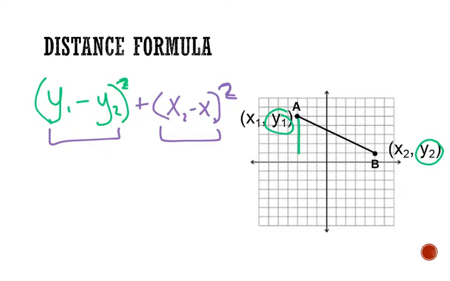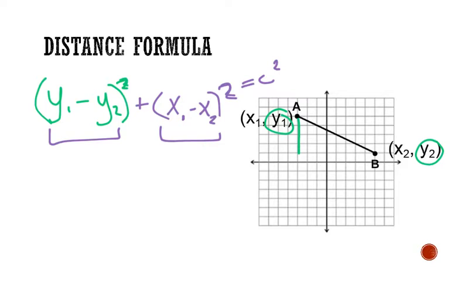Instead of an x with a little 2 here and then a 1 here, I'm actually going to do x1 and then x2. If we look at the order of how this goes: the first y value, the second y value, the first x value, and the second x value. And then we're going to say that that would potentially have equaled c squared, or your hypotenuse.